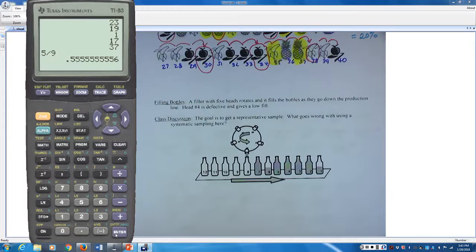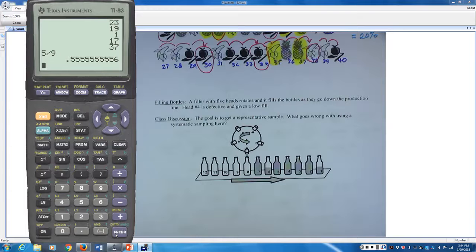We need to get a representative sample of what that line is producing. Would a systematic sample be a good representative sample? I see a couple people shaking their heads. Why not? There's 2 things that could happen if I take a systematic sample.